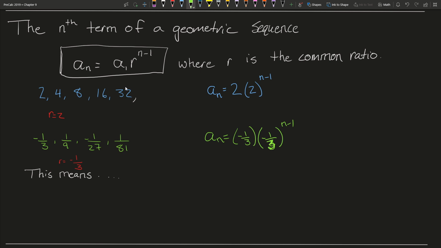And then from either of those equations, you can get any term that you want by just plugging that number into the equation and getting an answer. All right, are there questions about what I just did?